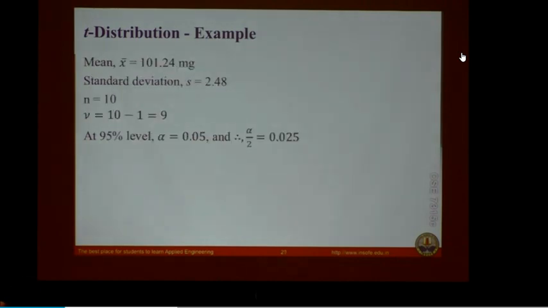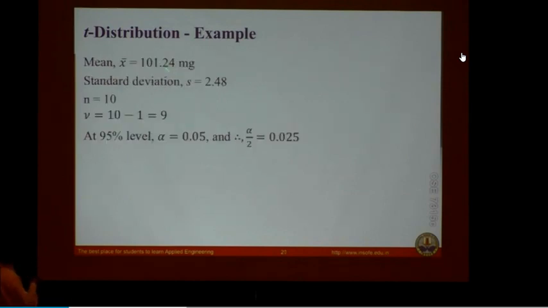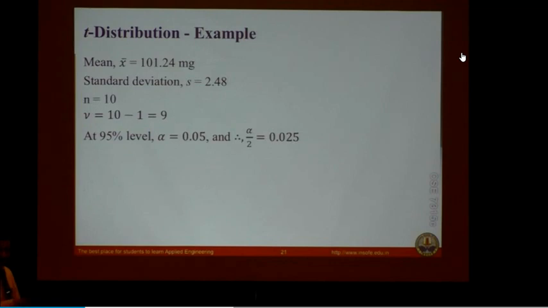So the mean of these 10 is 101.24 milligrams, standard deviation 2.48. Degrees of freedom: 10 points are there, so 9 degrees of freedom. 95% is my confidence level, so the confidence interval is 95%, and the significance level is 5%.